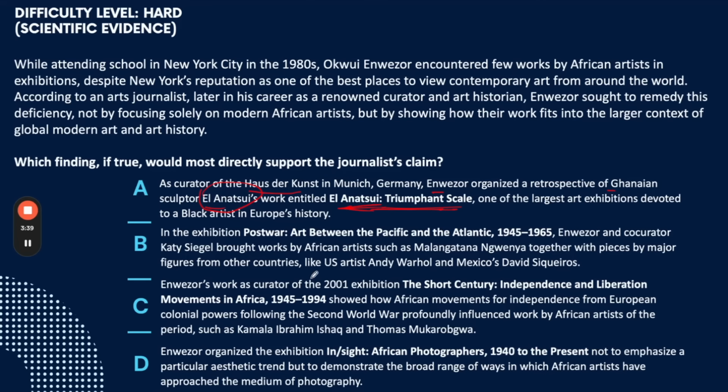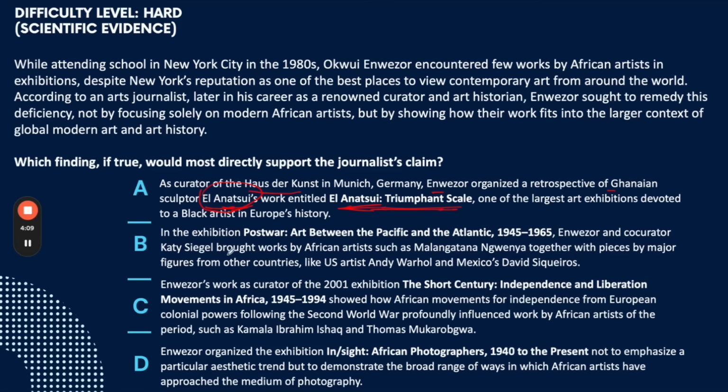Now, what is this option really saying? This option is highlighting that OE organized a major retrospective focused on a specific African artist, right? Which was a significant event in European art history. This exhibition was a large-scale dedication to a single African artist, emphasizing the importance of this person's work in the broader art world, right?